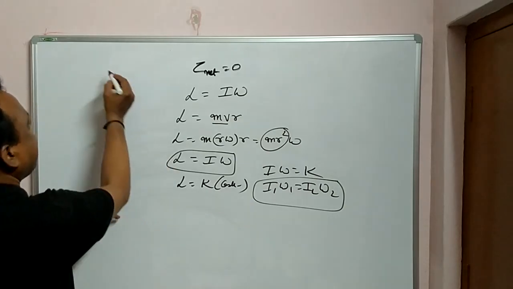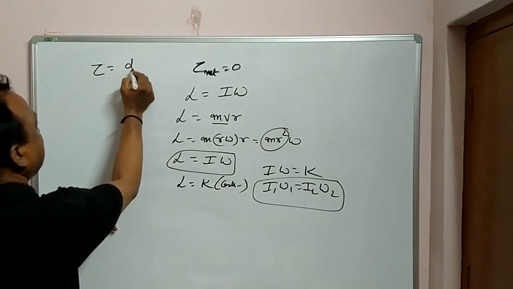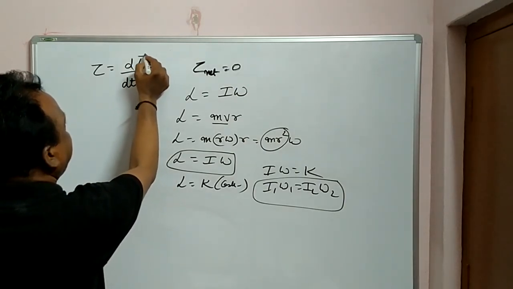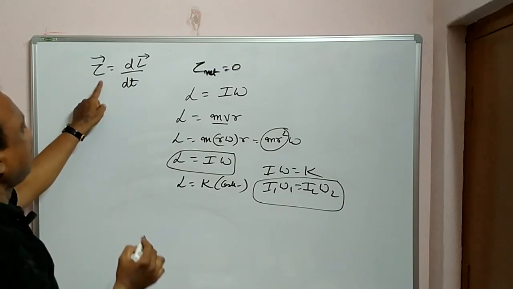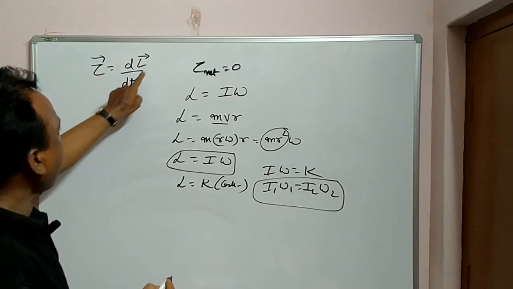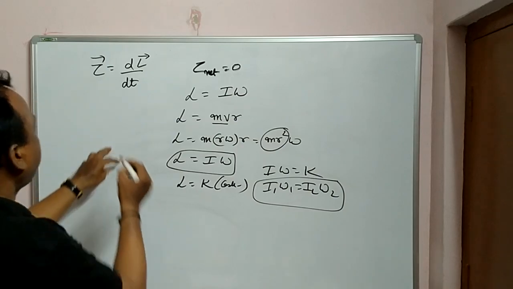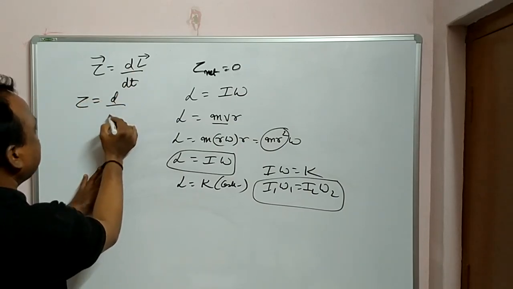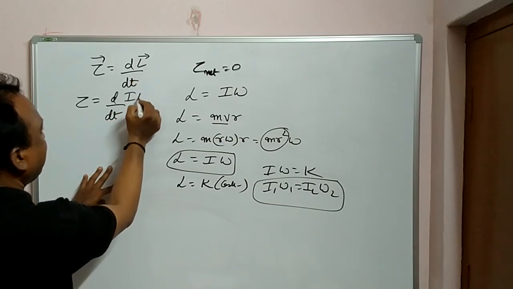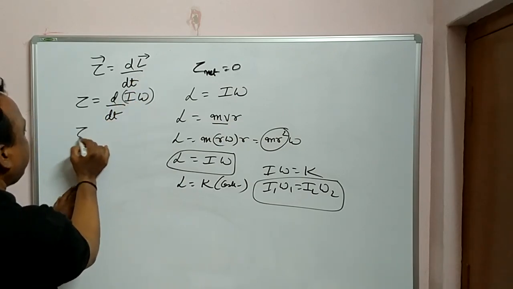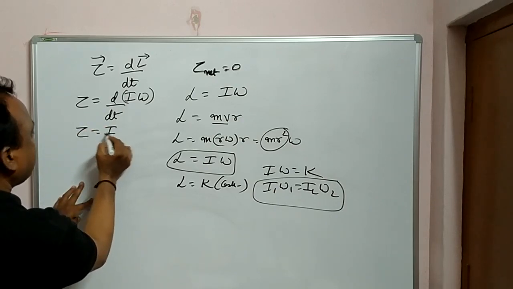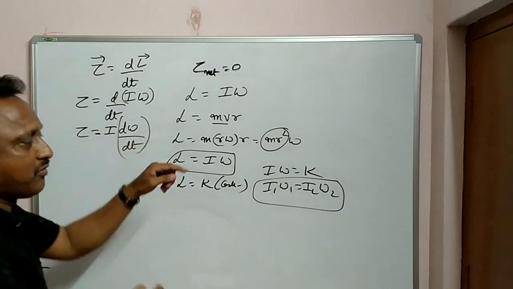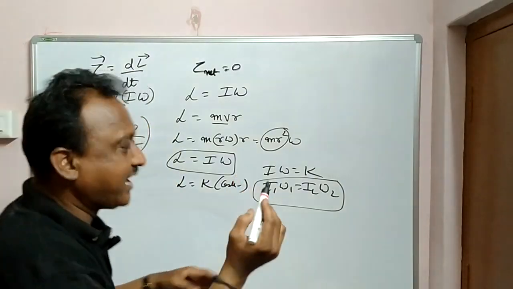So torque we can also define in this way. What is torque? టార్క్ అంటే ఏంటి మనకి? d by dt of L. This is also a vector. Torque can also be defined as rate of change of angular momentum. సో అప్పుడు ఏమవుతుంది? Torque is equal to d by dt. What is L? I omega. So torque is equal to, if I take I outside as constant, then what happens? d omega by dt. But just now I told you what is rate of change of angular velocity? Angular acceleration.